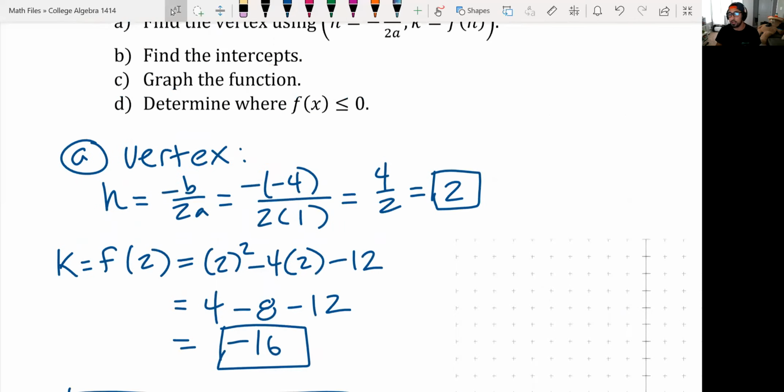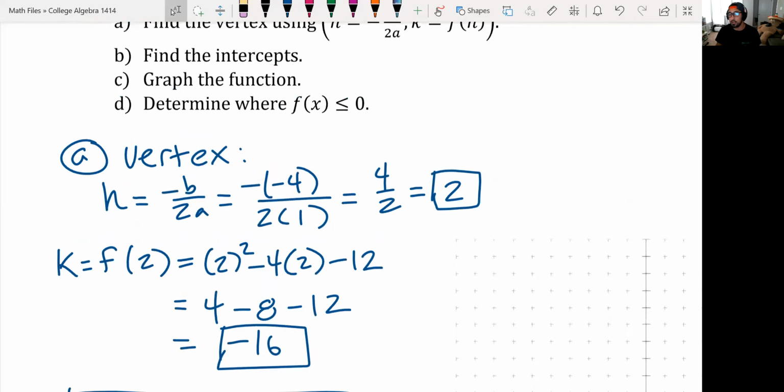And let's do this again. And (2, -16). Oh, all right, we've got to adjust our x-axis, our y-axis. So we'll just go by 2's: 2, 4, 6, 8, 10, 12, 14, 16, negative.